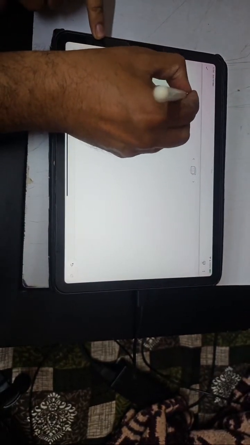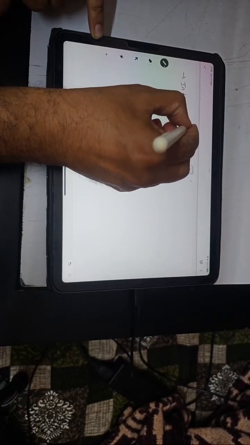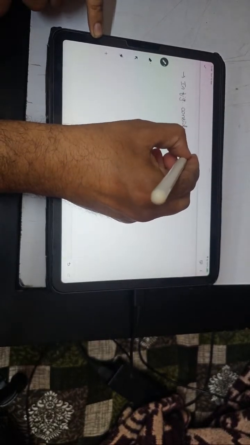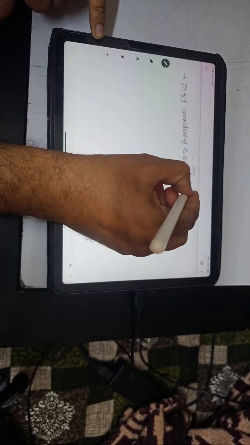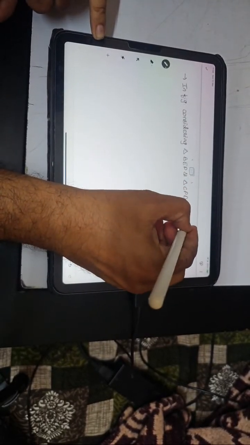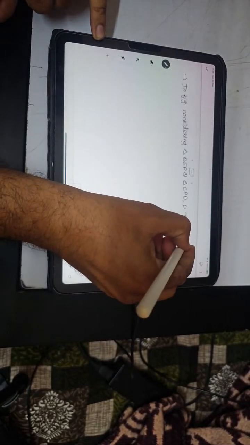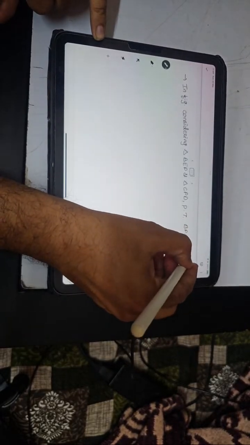In the figure, considering triangle BEP and triangle CPD, prove that BP into PD equal to EP into PC.